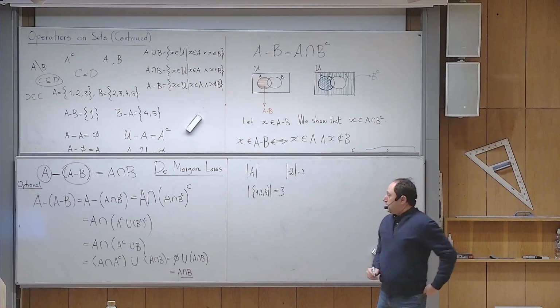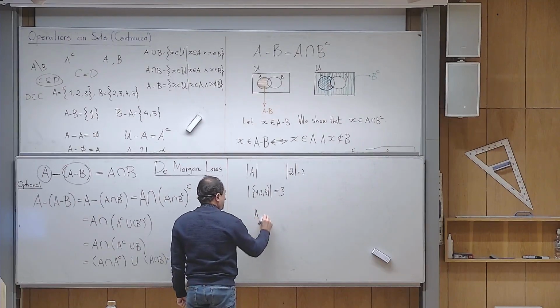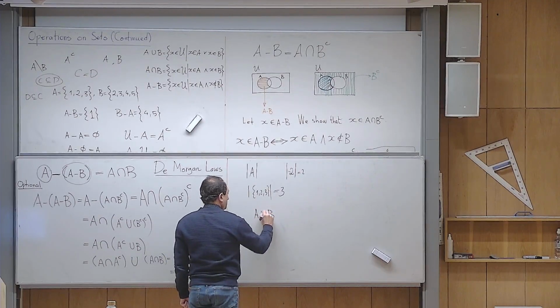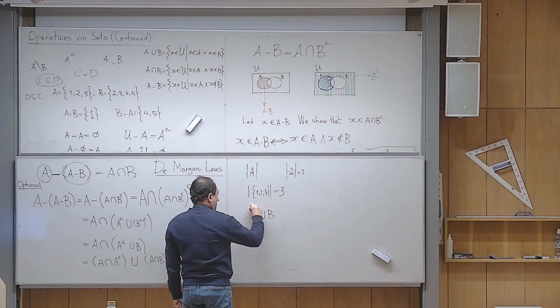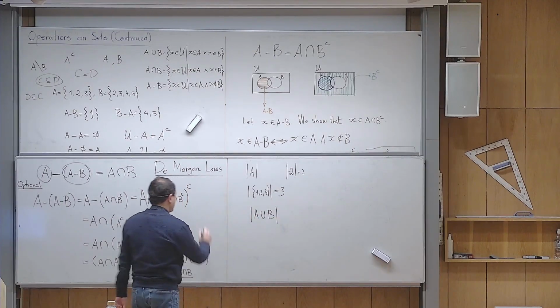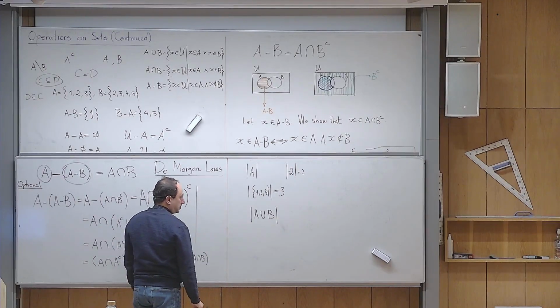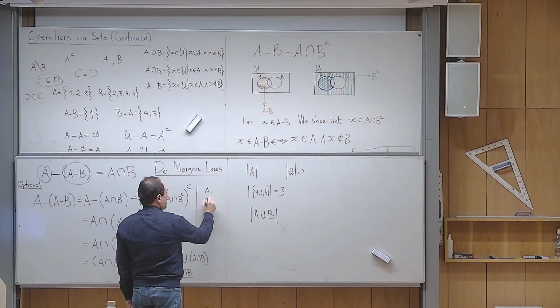Okay? Now, the question is that if I have two sets and I union them, if I want to know the cardinality of two sets, so in this topic, I am talking only about the finite sets. So A and B are finite sets.